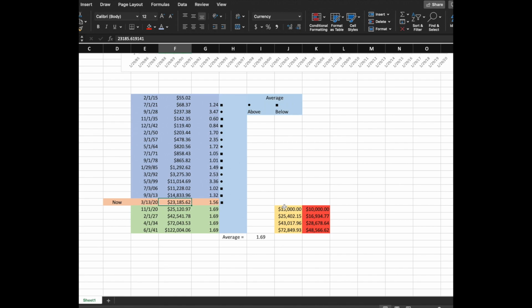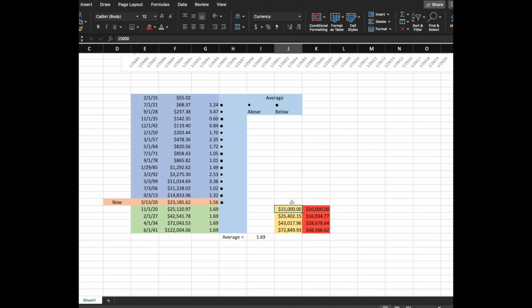Obviously, it could very well end at 23,185, but there's a lot of negatives with the coronavirus and other things that could factor in to make this recession, bear market worse than what it is. And I want to put in perspective what the numbers look like and what the future may hold, even with that recession happening. So guys, we're at 23,185 right now, which is about a 1.56 if we ended right now at the end of the year in November.